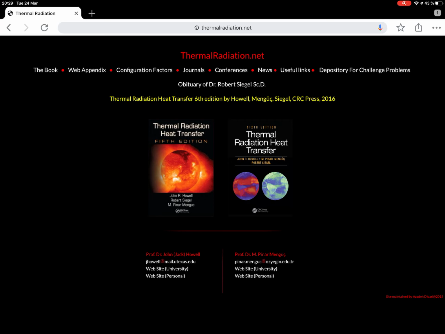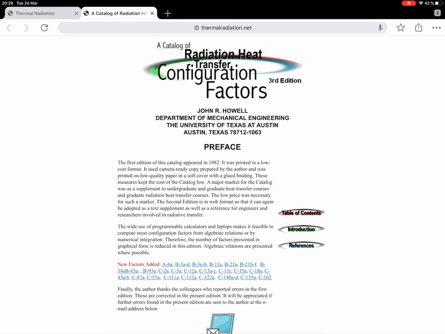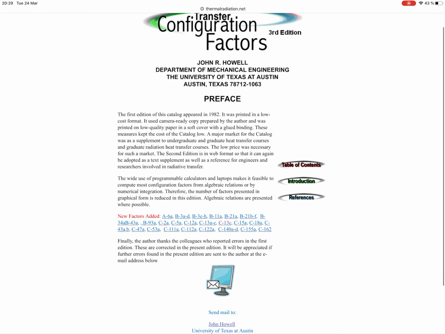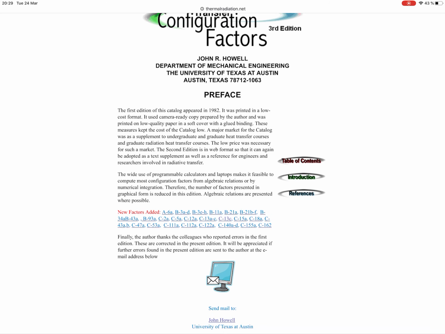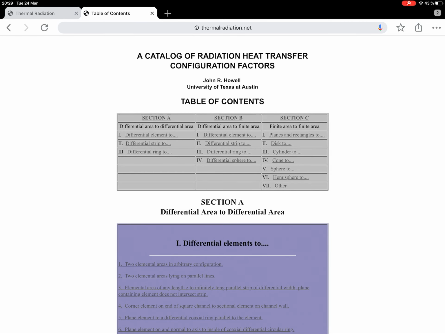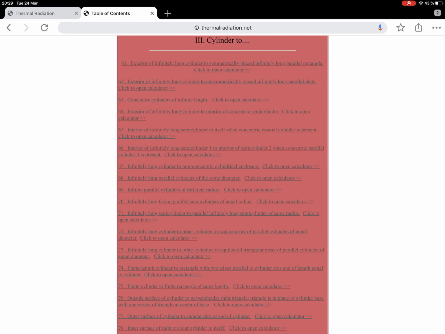So we get to this web page, and on the top here we have configuration factors. So I clicked on configuration factors, and then here on the right hand side there is a table of contents where you have a lot of different view factors. For instance, here in section C, third column, you can go to, for instance, cylinder 2, so a concentric cylinder of infinite length.